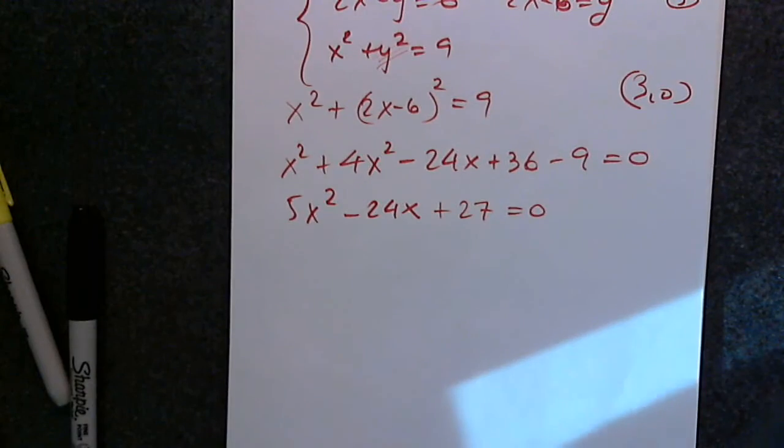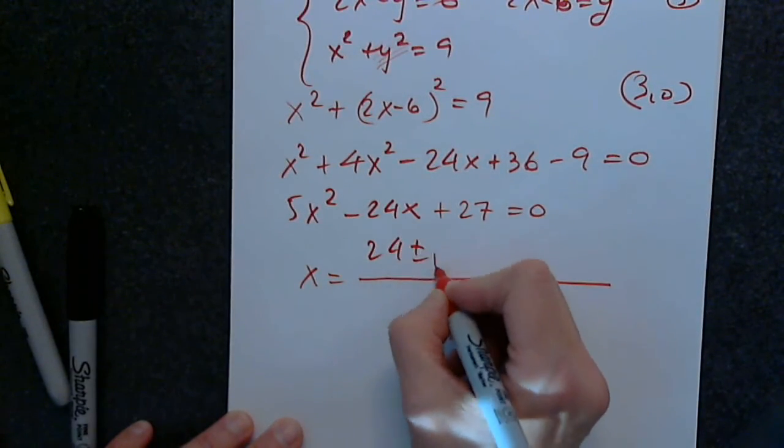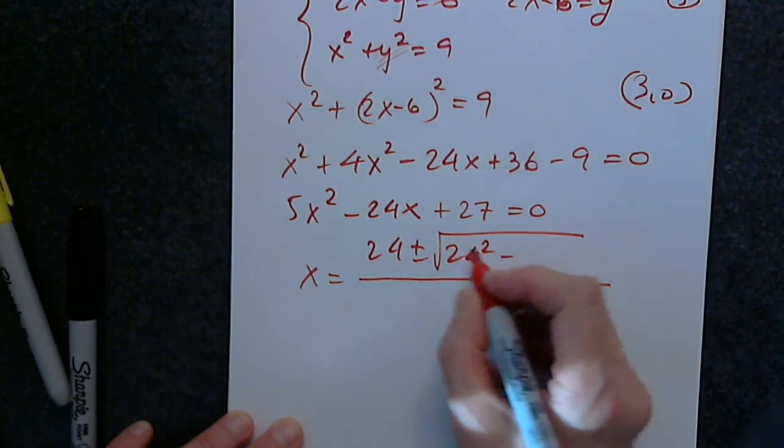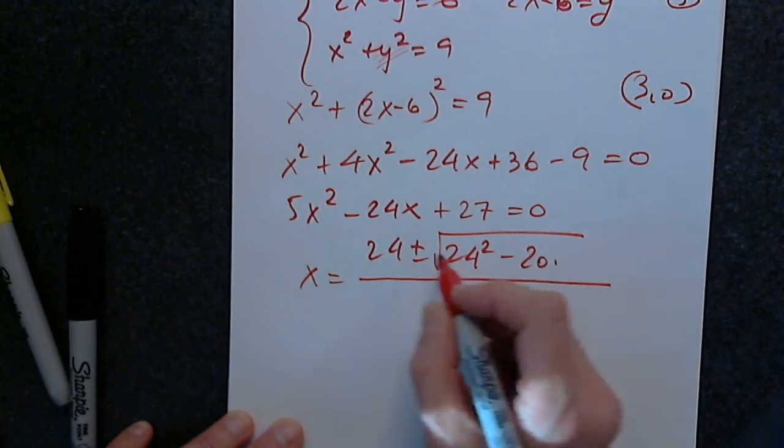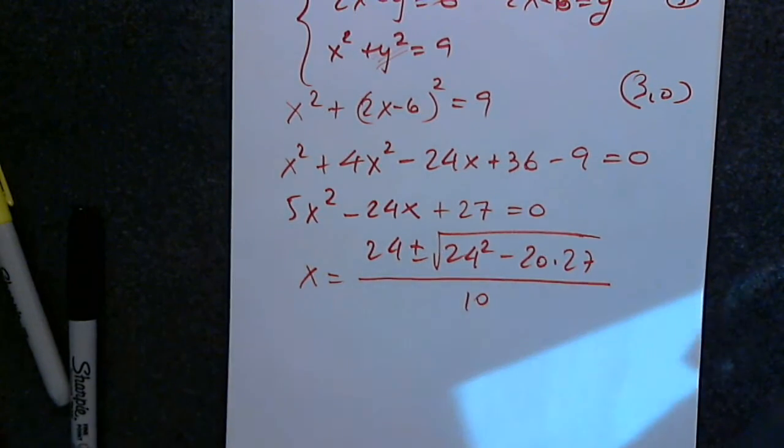Okay, so let's use the quadratic formula now. Negative b plus or minus the square root of b squared minus 4ac, 4 times 5 times 27, over 2a. So I'll grab my calculator and see what we get, because I think it appears that we'll have two solutions.